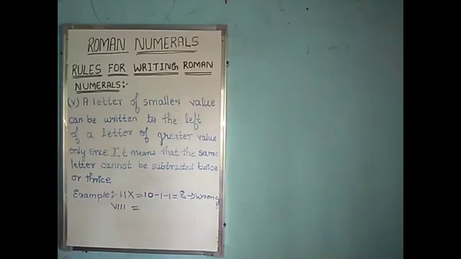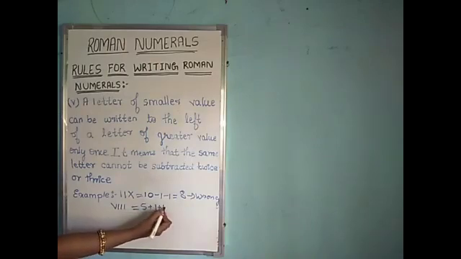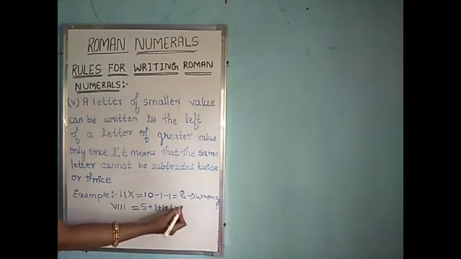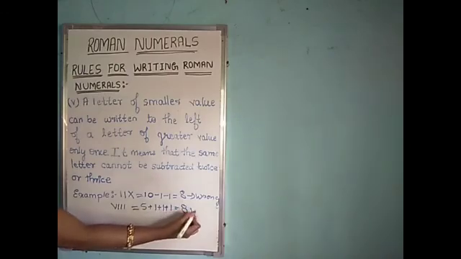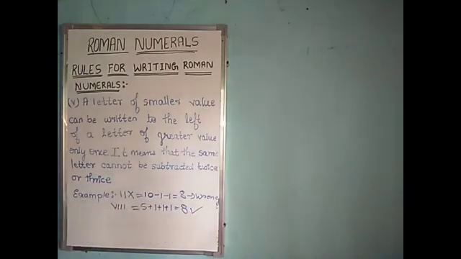So what is the numeric value of V? Numeric value of V is 5. So what is the numeric value of I? Numeric value of I is 1. Here how many times I is there? 3 times. So we have to add 3 times 1. 1 plus 1 plus 1. So the answer is 8. This one is correct.